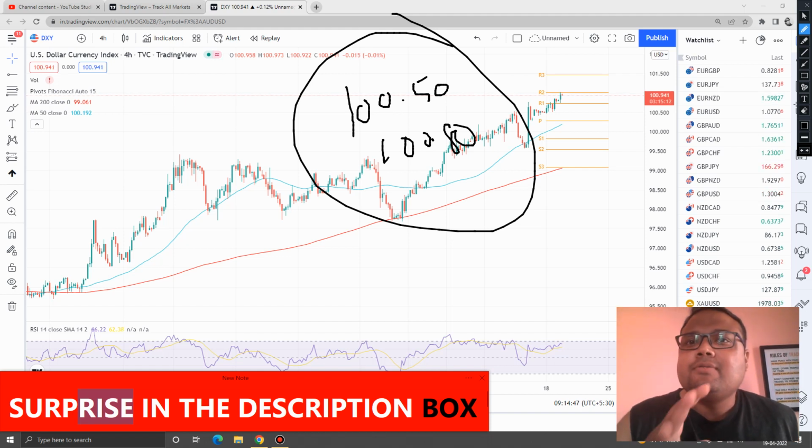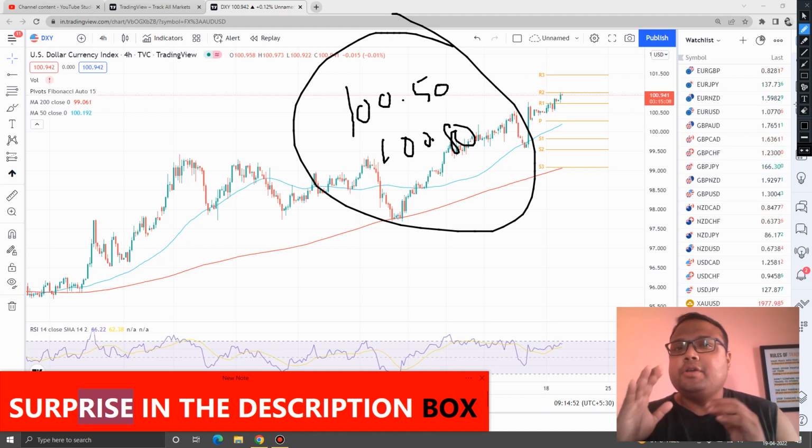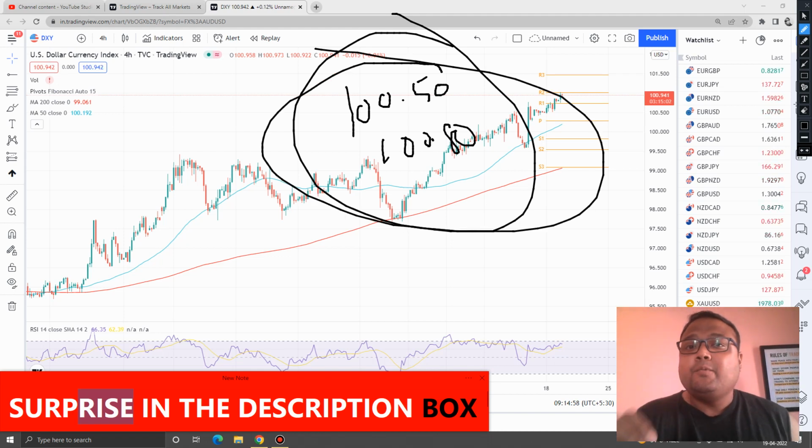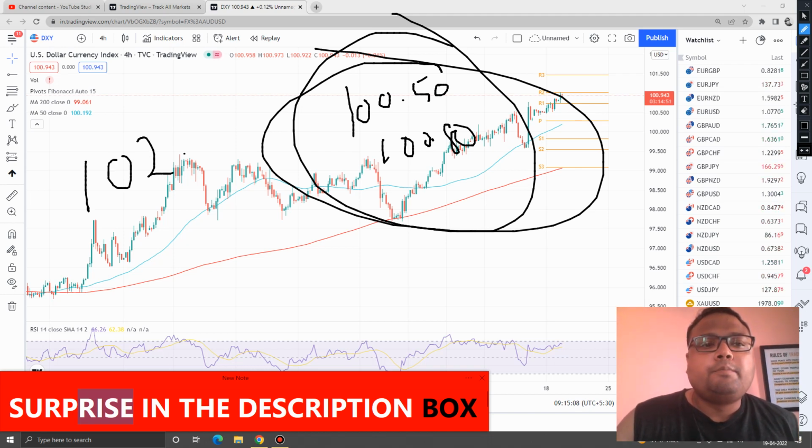So DXY is flying. As a result, we could see pressure on the chart of Euro USD. As I said, if DXY breaks this level of 100.50 to 80, then we do not have any proper resistance on the chart of DXY. The next big resistance on the DXY chart is around the 102.50 to 103 level.